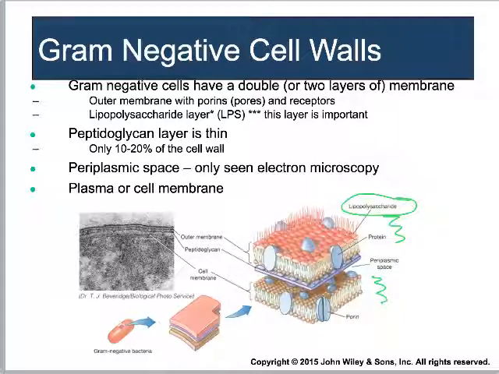So gram-negatives have lipopolysaccharide, which is going to be really important. The peptidoglycan layer in gram-negatives is really thin, only 10 to 20% of the wall compared to 90%. It's this thin purple layer right in here, and then this is the plasma membrane.